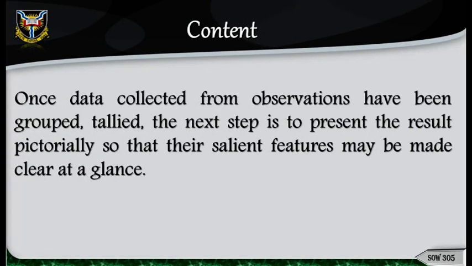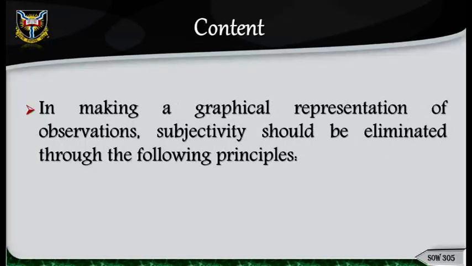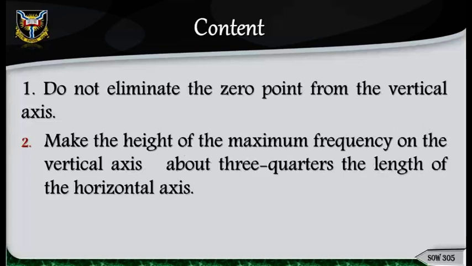Content. Once data collected from observations have been grouped and tallied, the next step is to present the results pictorially so that their salient features may be made clear at a glance. In making a graphical representation of observations, subjectivity should be eliminated through the following principles. 1.